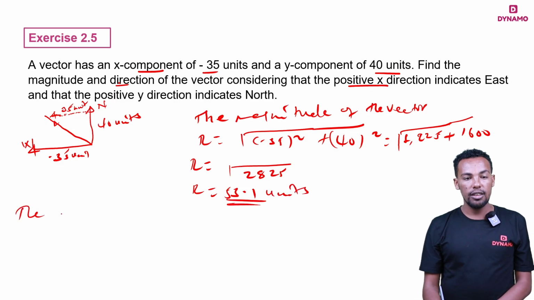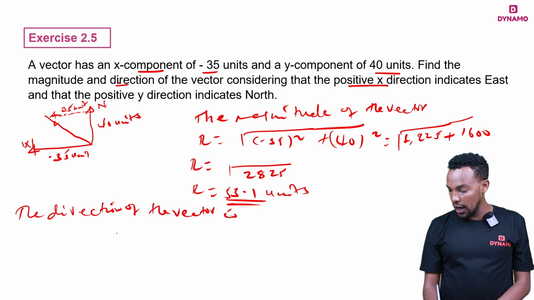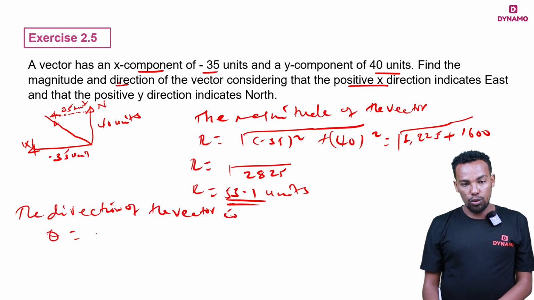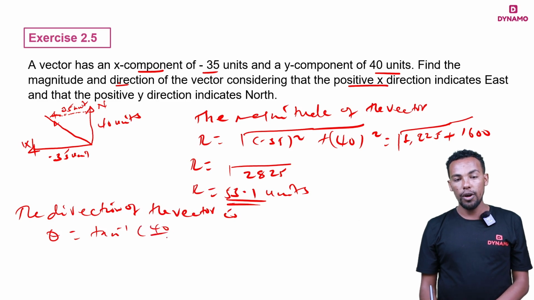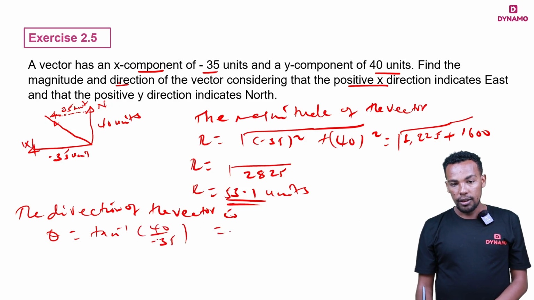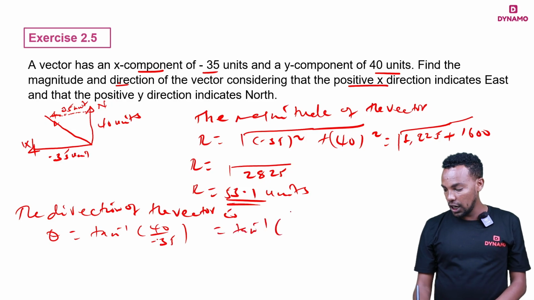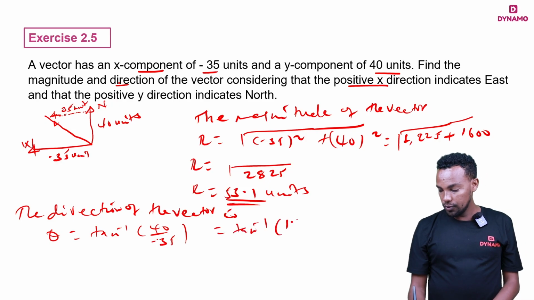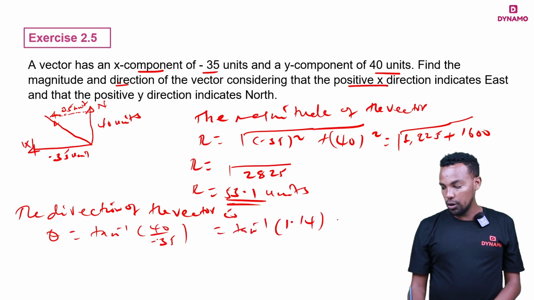The direction of the vector: theta is equal to tan inverse of y, 40, over minus 35. Taking the magnitude, tan inverse of 1.14 is 48.8 north of west.